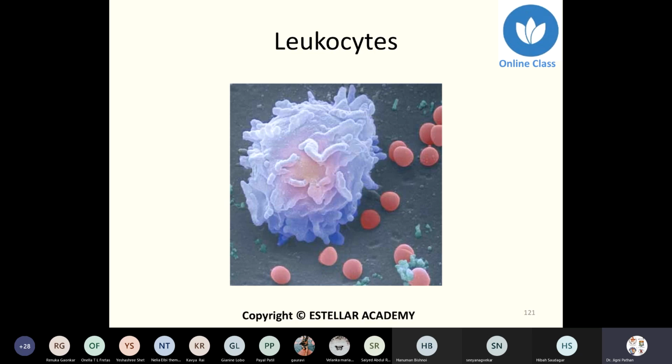Next. So this is how the leukocytes look. Can you see the leukocytes? Next.